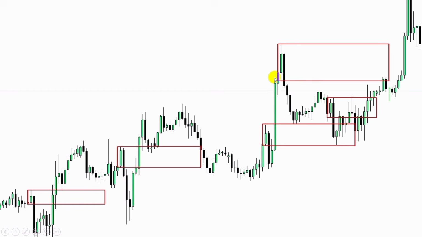Because what? The market is in an uptrend. It is not a downtrend market. So you'll be looking out for bullish engulfing candles in the uptrend. Here also we have this bearish engulfing candle, and price also traded through it. You can see price pushed to the upside.